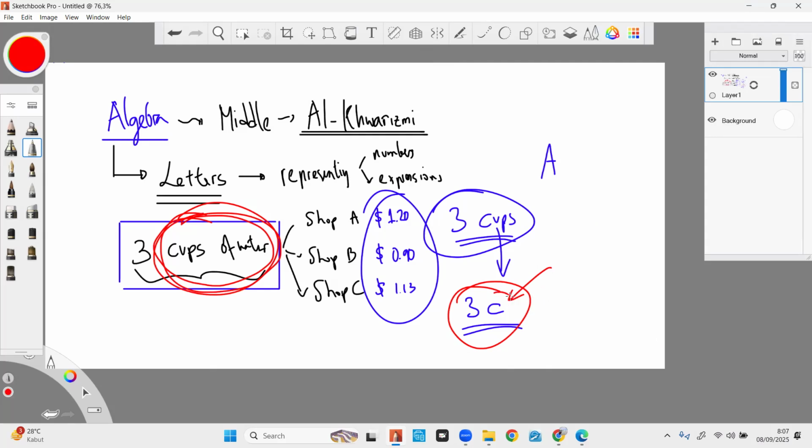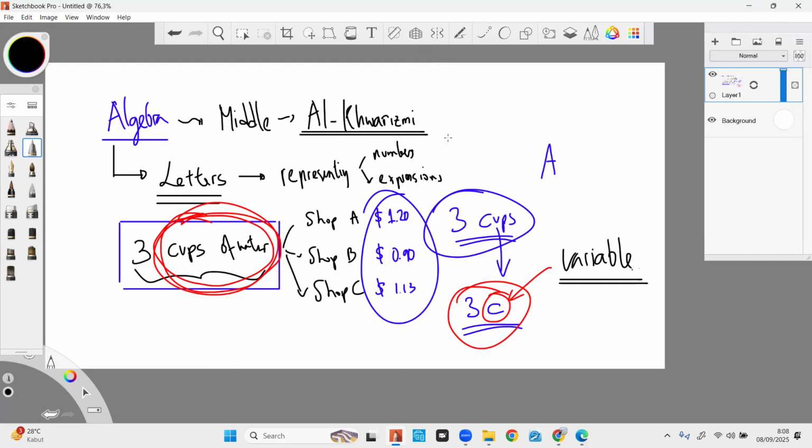So the letters here have the term, not letters, but variables. Therefore, this is a very basic way to understand what algebra is.